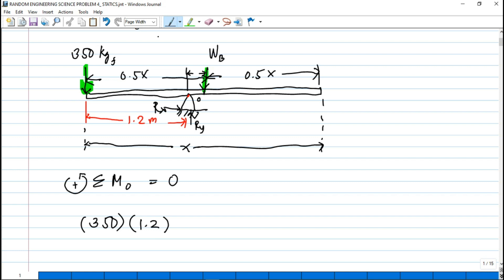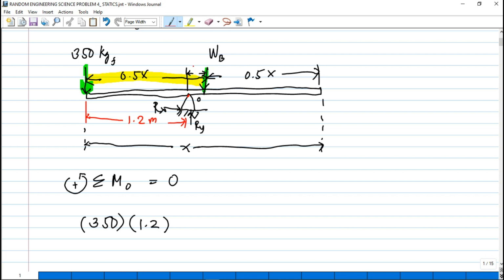So since ito, the distance from here to here, okay, that's 0.5x kasi mag-act yung ating weight sa 1/2 ng length niya, which is 0.5x or 1/2 x. So this distance here from the weight to that fulcrum is actually 0.5x, minus natin yung 1.2 meter.